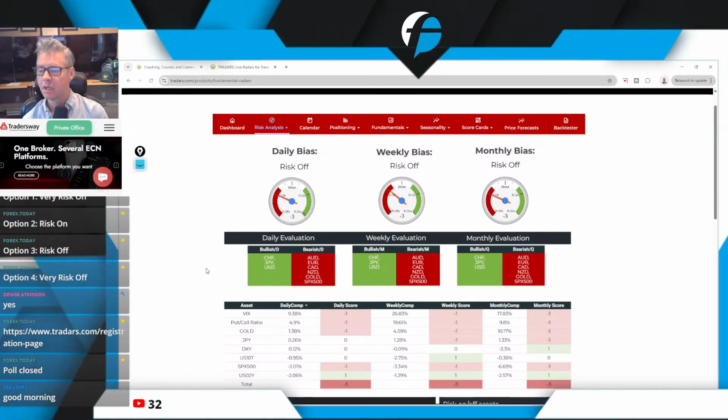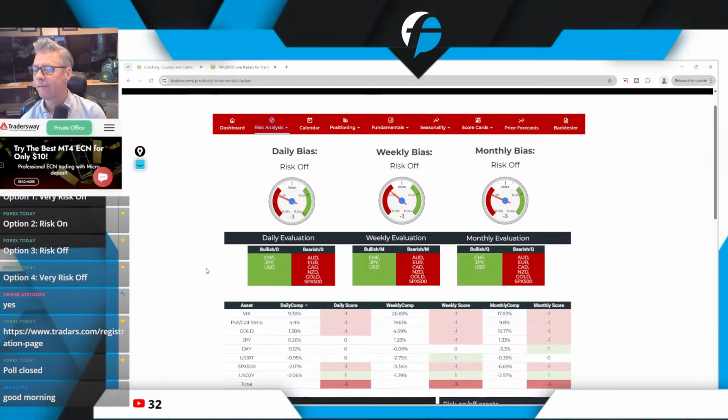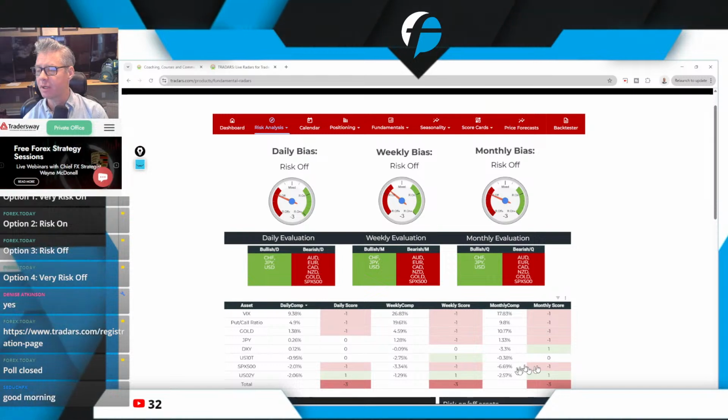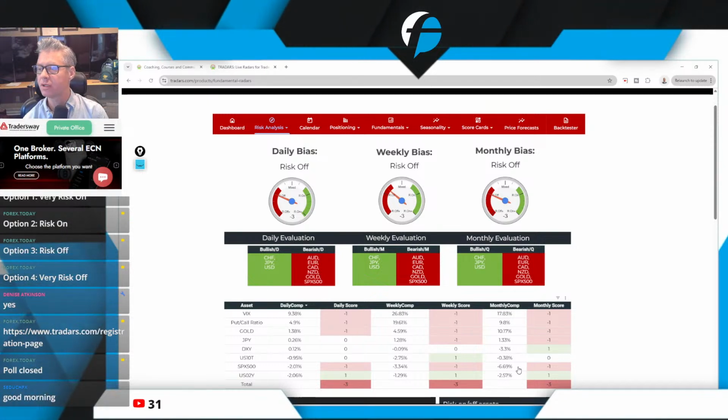S&P 500 is down 3.34% in a week, and down 6.69% over the last 30 days.